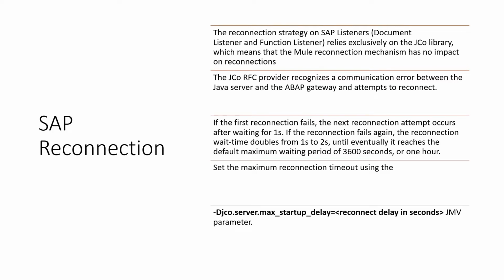Likewise, it doubles the wait time till it reaches 1 hour. With this, we have completed the minimum SAP connector configuration required for our SAP integration to work. For additional fine-grained configurations, please refer to the MuleSoft documents.